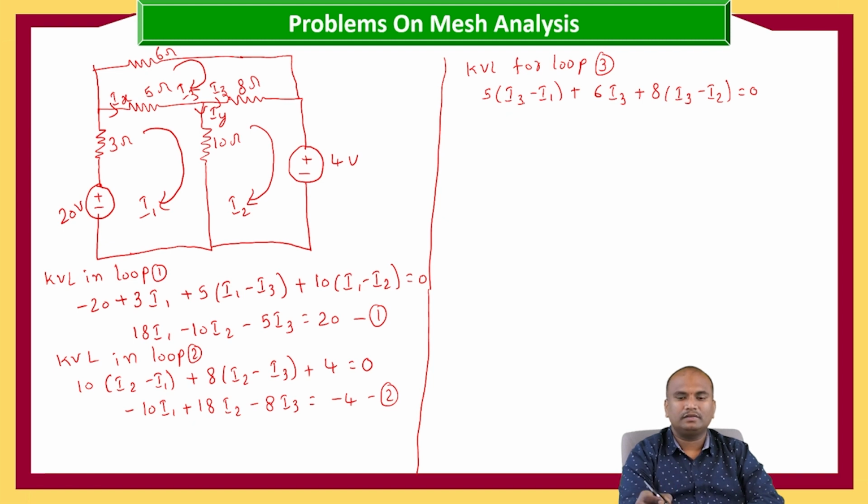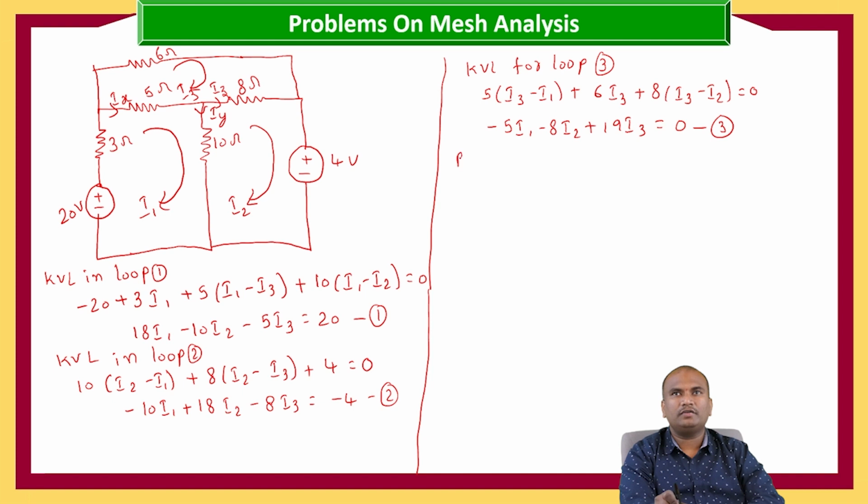That is minus 5I1 minus 8I2 plus 8 plus 6, 14, plus 5, 19I3 equals to 0. Here no voltage source in this particular loop, so after the equals no value will be there. This is our equation number 3.